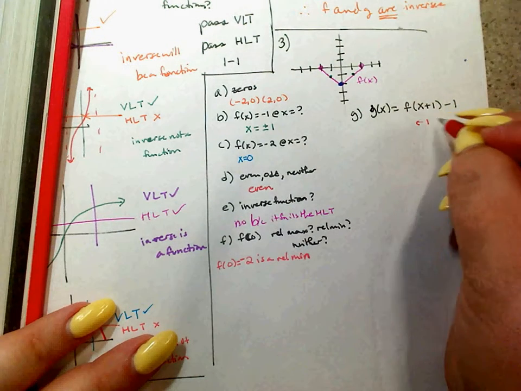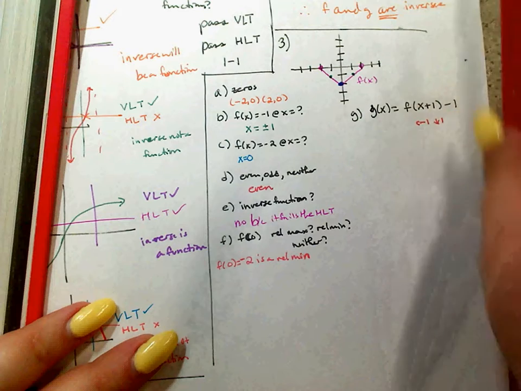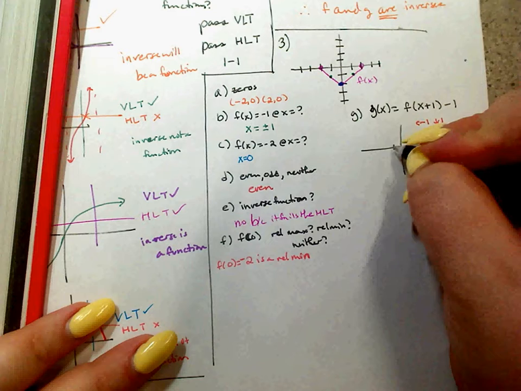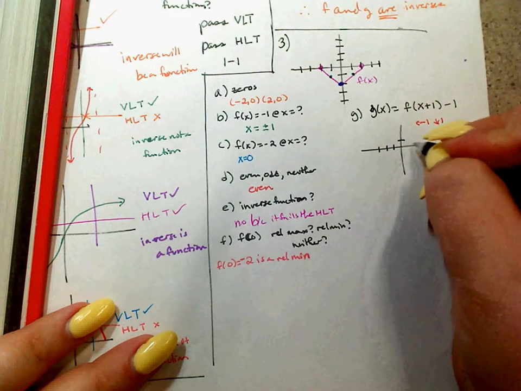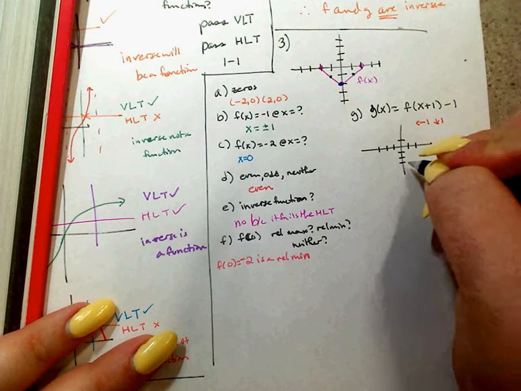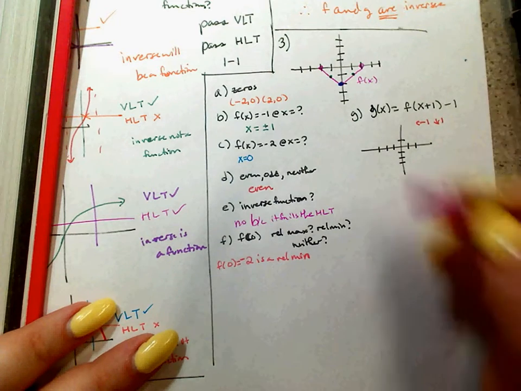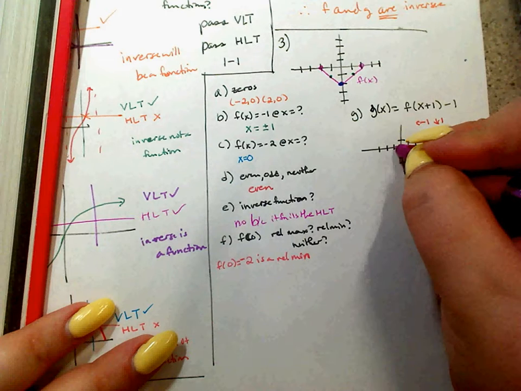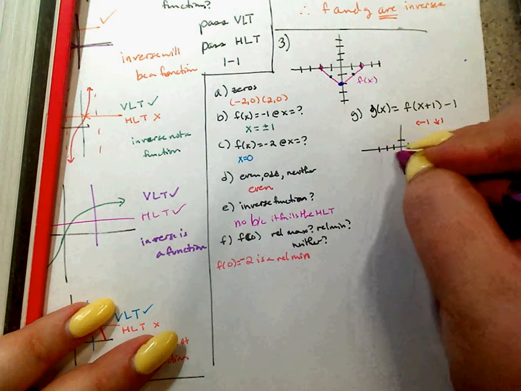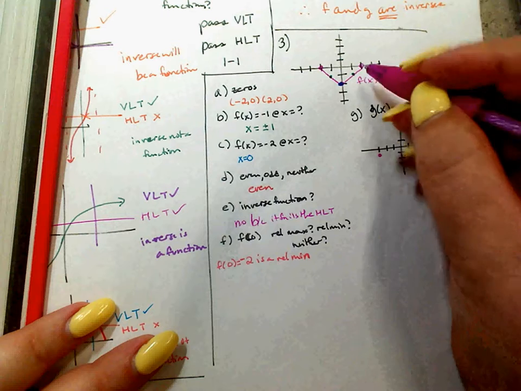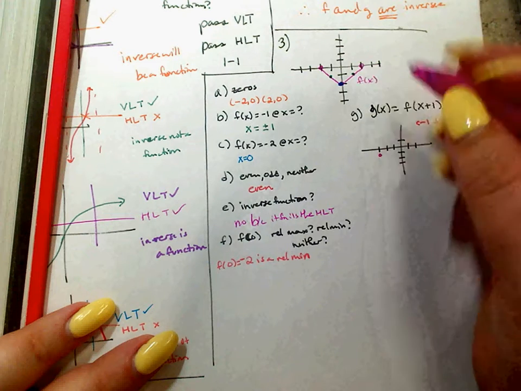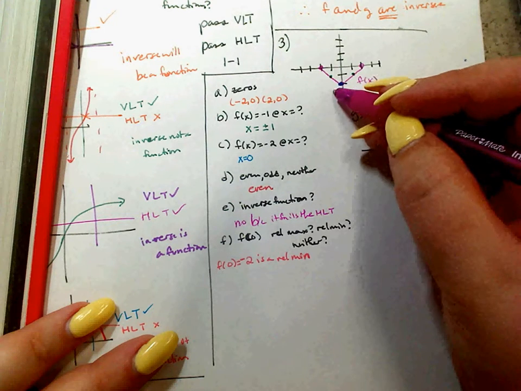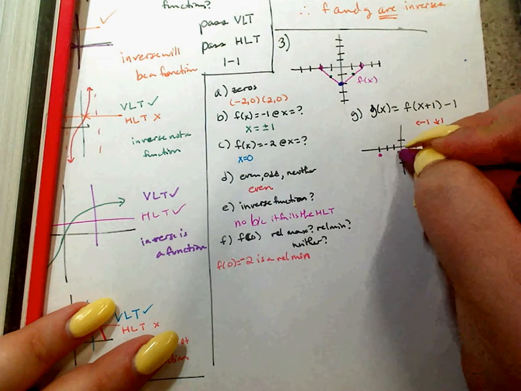So I'm going to take this first point and go left 1, so it was here, now it's here, down 1, which puts it right here. And take this point, go left 1 and down 1, which puts it at (-1, -1). And then I take this point and go left 1, down 1, which puts it at (1, -3). And there we go.